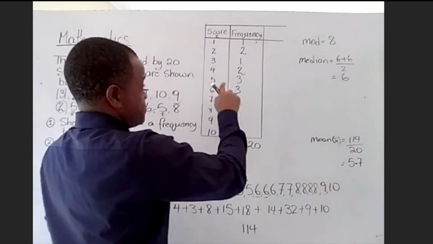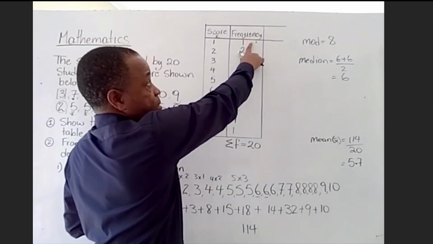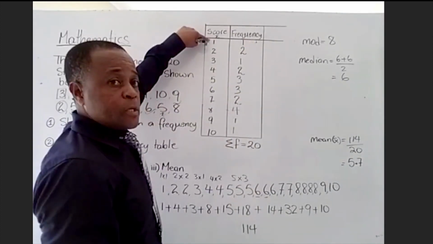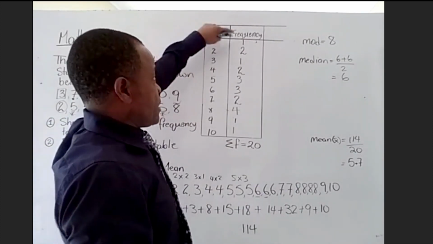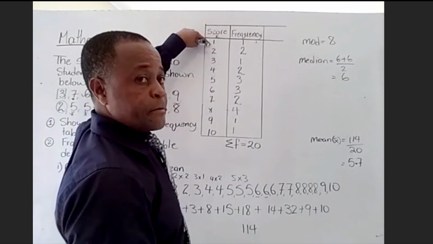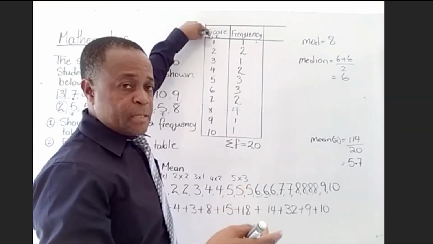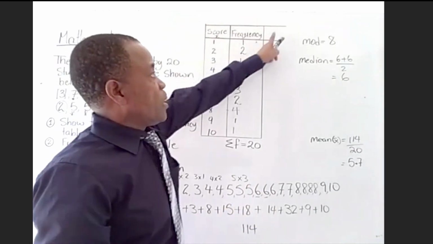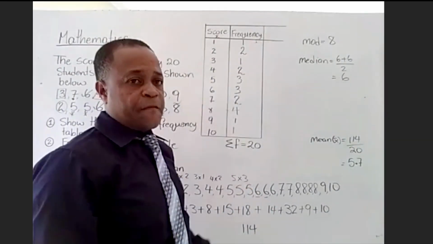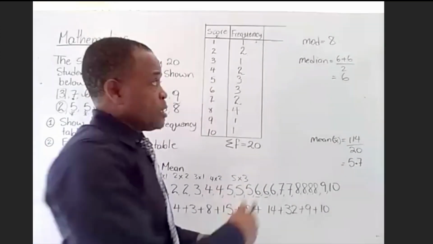Now, here, this is your frequency. Over here, we have our scores. And we're going to multiply the frequency by the score. Notice here, we're using X to represent the score. So what would be our title for that column? Good. It would be FX.